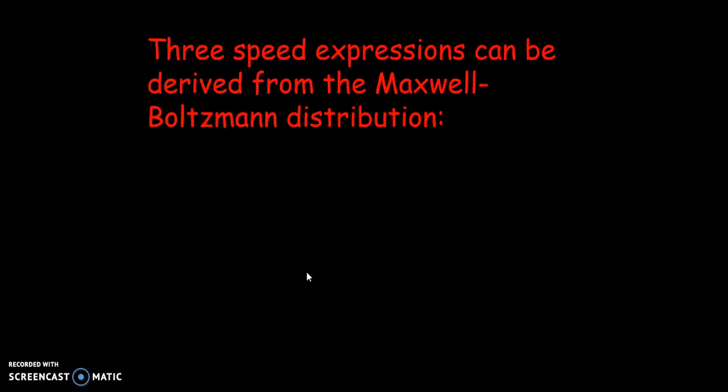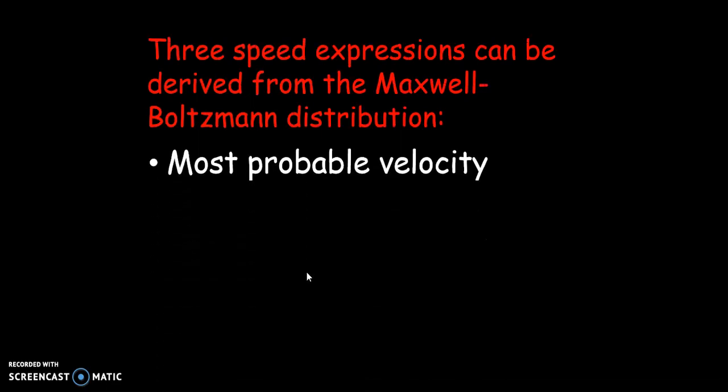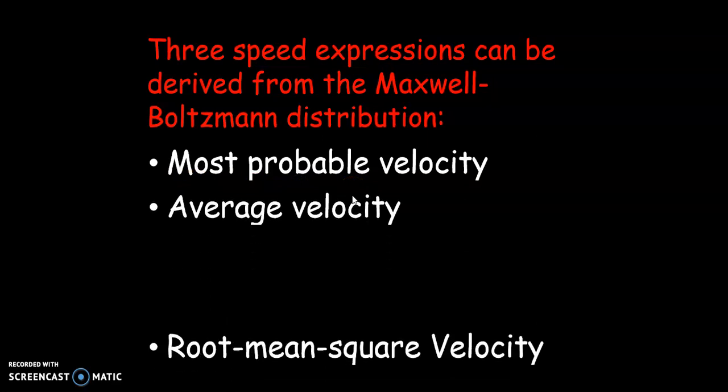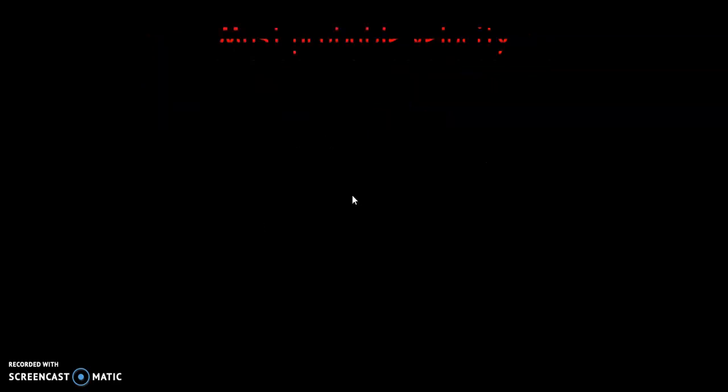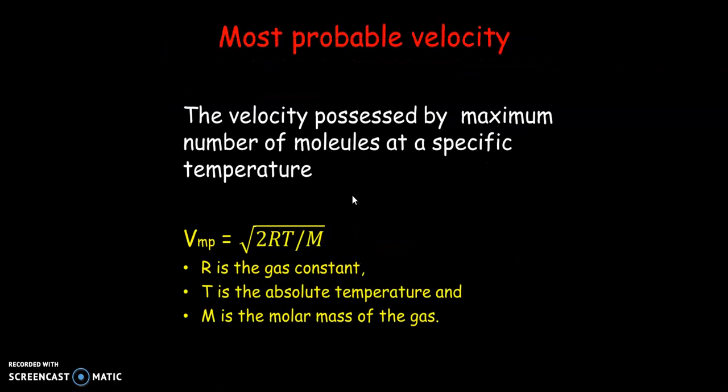From this distribution function, three types of velocities or speeds of a gas can be derived, which are most probable velocity, average velocity, and root mean square velocity. The most probable velocity is the velocity possessed by the maximum number of molecules at a specific temperature.